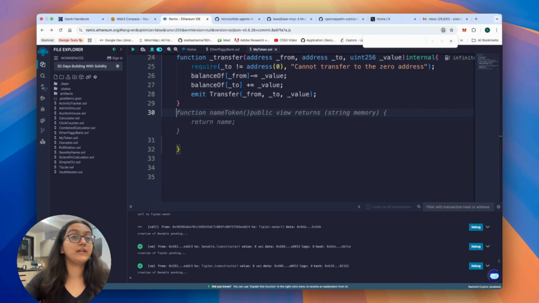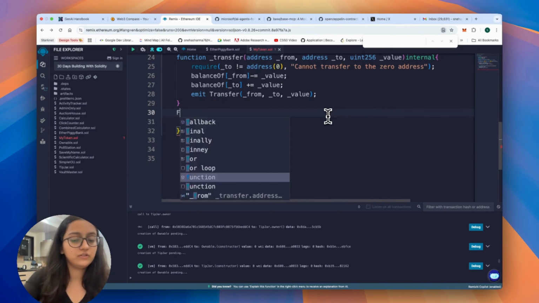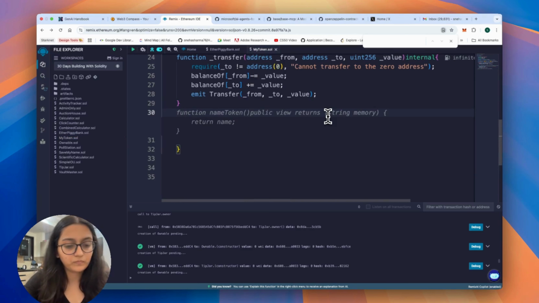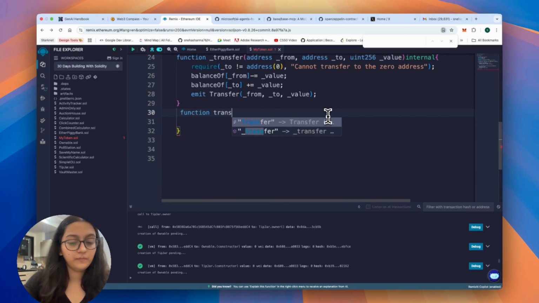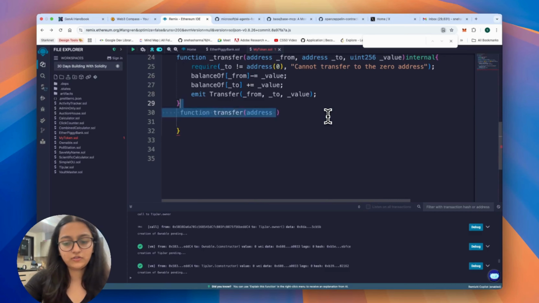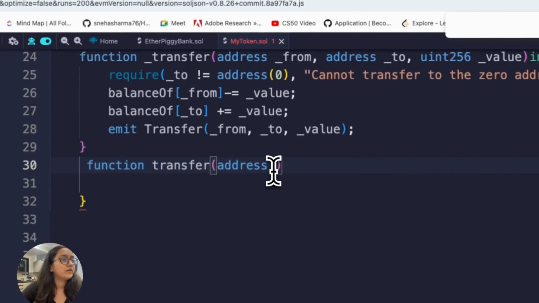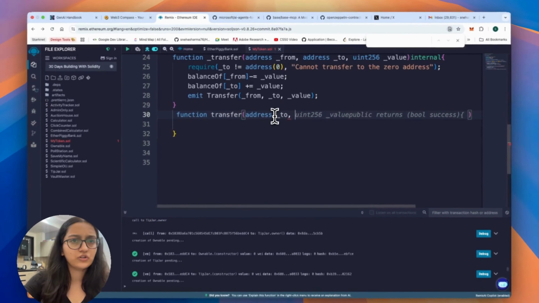So now we'll quickly see how we can write a simple transfer function. Function transfer, and then address to, and uint256 value. This is me directly transferring, or whoever the message sender is.